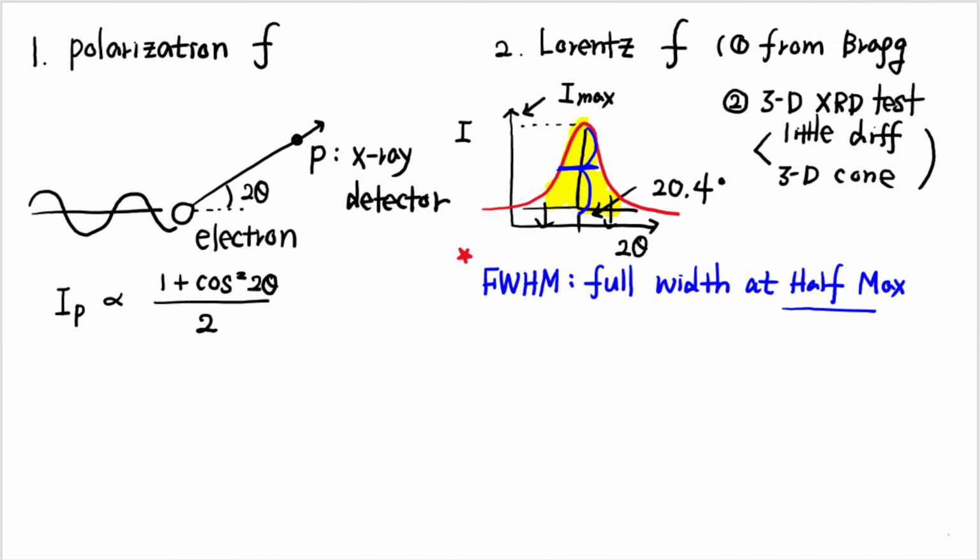Simply here we just say W value. So we just integrate this area, the yellow area. So the integral I, just roughly, is the maximum value I max multiplied by W, the FWHM, full width at half maximum.